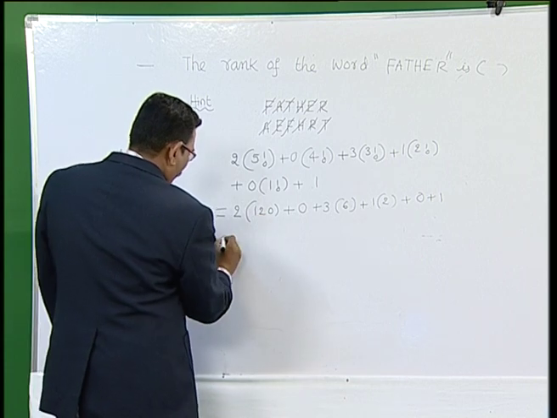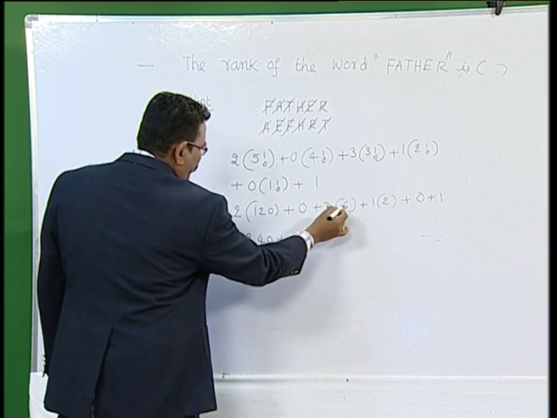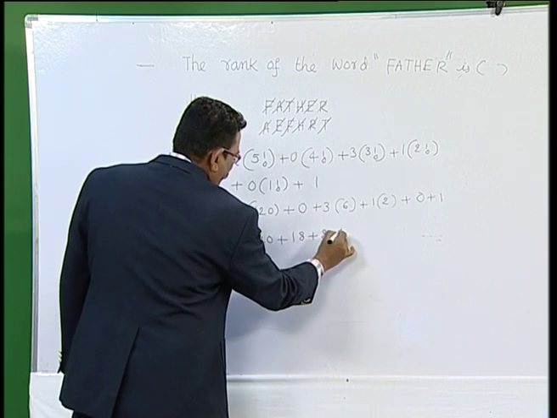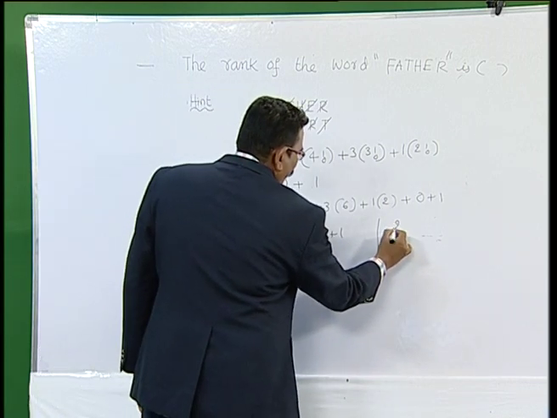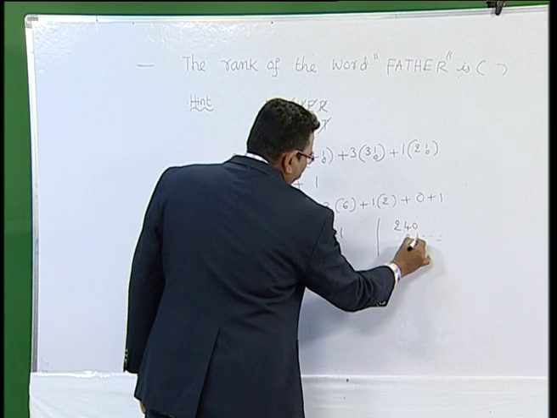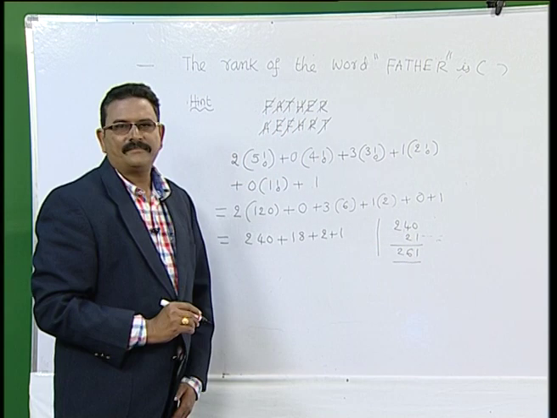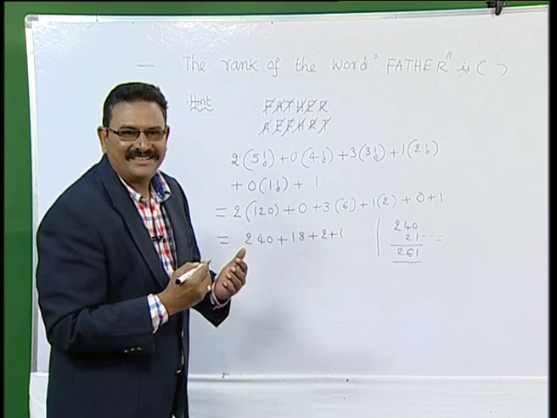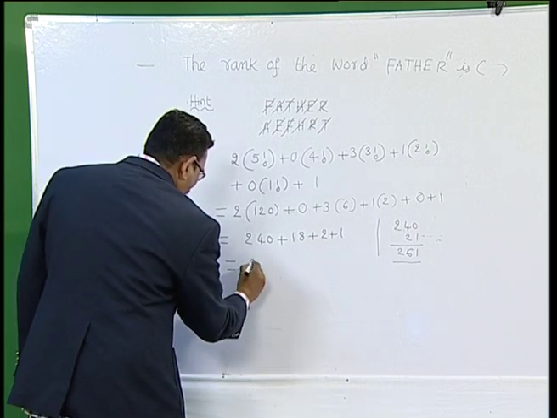Now 120 into 2 is 240, plus 18, plus 2, plus 1. This is 21, that means 240 added with 21 gives 261. What is the rank of the word FATHER? That is 261. Yes, 261.